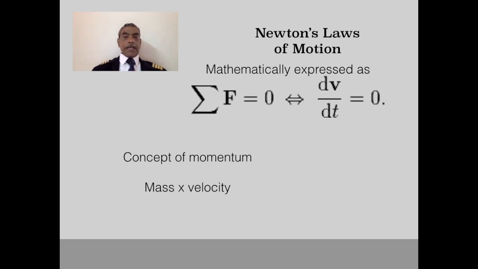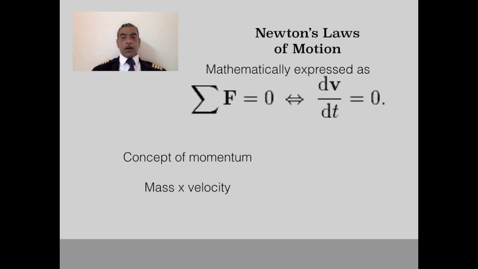If there is no change in velocity over a period of time, it would mean if the body was at rest, it continued to be at rest. If it was traveling, say, at a particular speed of 30 kilometers an hour, it continued to travel at 30 kilometers an hour. That's what that means. The delta v is the change, and there is no change in speed over different timings.